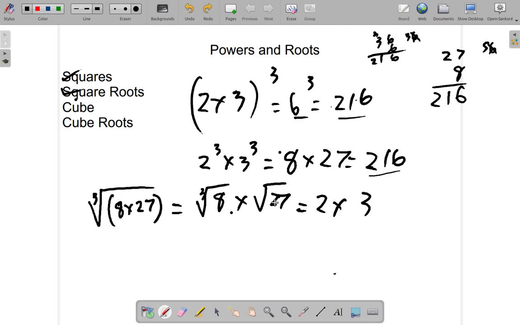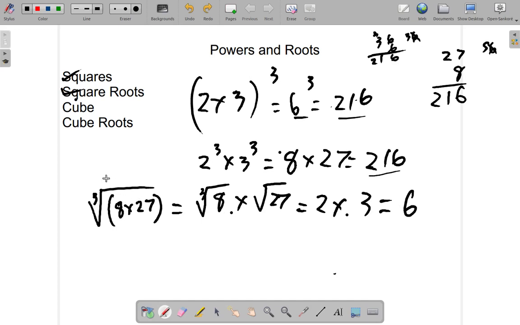Cube root of 27, 3 3s 9, 9 3s 27. 3 3s multiplied together, you get 27, so it is 3. What is 2 times 3? It is 6. So you can separate these numbers multiplied to give you the cube root. Alright, that will be useful later on when you come to a later topic.